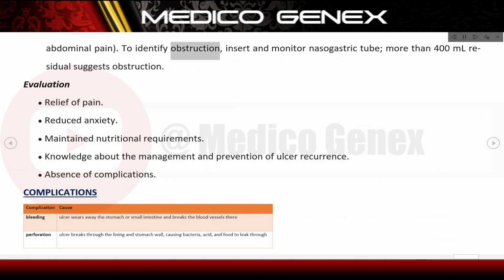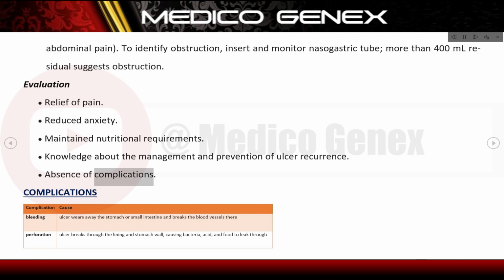To identify obstruction, insert and monitor nasogastric tube. More than 400 ml residual suggests obstruction. Evaluation. Relief of pain. Reduced anxiety. Maintained nutritional requirements. Knowledge about the management and prevention of ulcer recurrence.